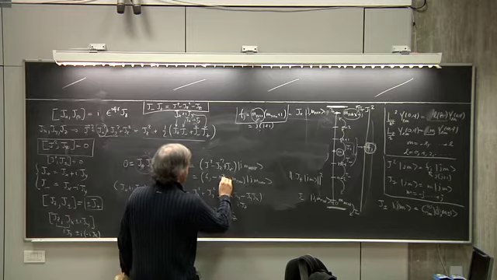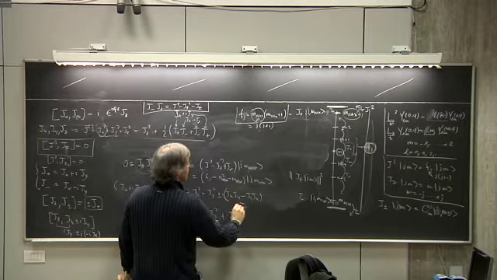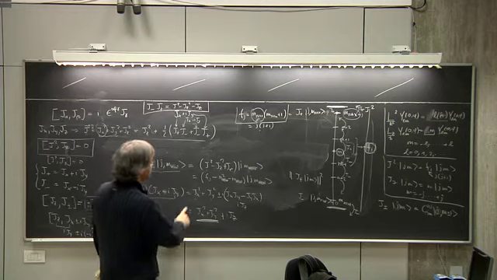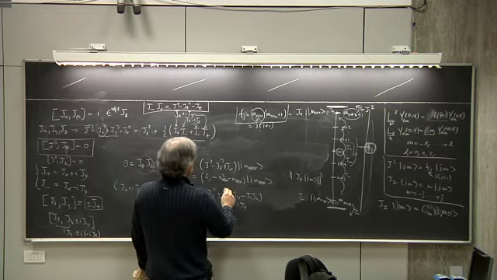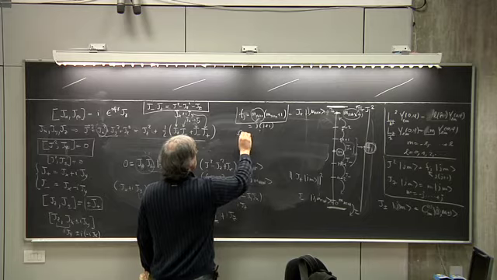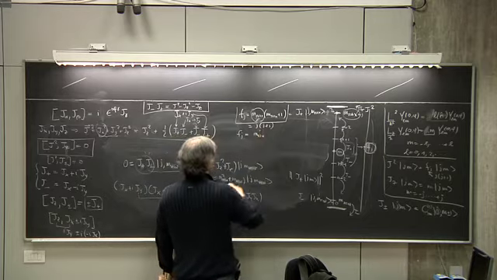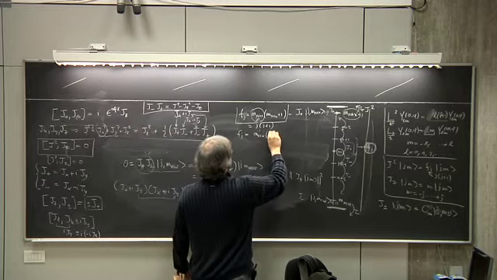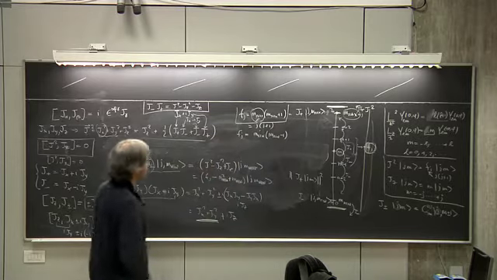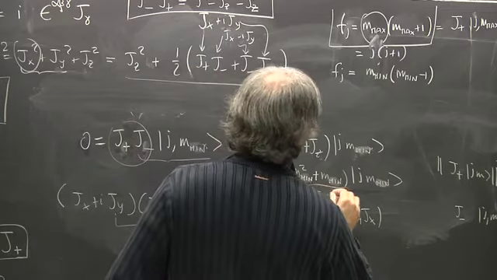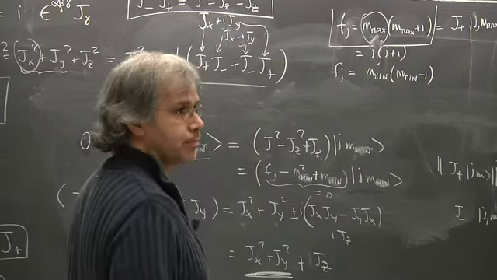Now, I can calculate the thing. And immediately, I conclude that fj must also be equal to m_min times m_min minus 1. You see it from here. If I equate this to 0, I conclude that this must be true.